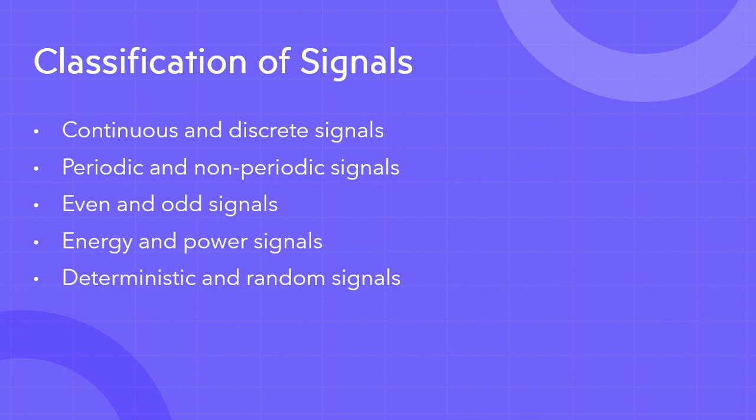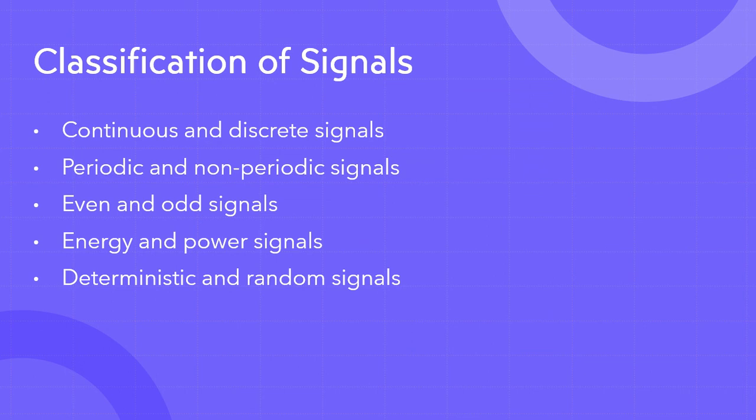A signal can either be a continuous signal or a discrete signal. It can either be a periodic signal or a non-periodic signal. It can either be an even signal or an odd signal. It can either be an energy signal or a power signal, or it can be a deterministic signal or a random signal.